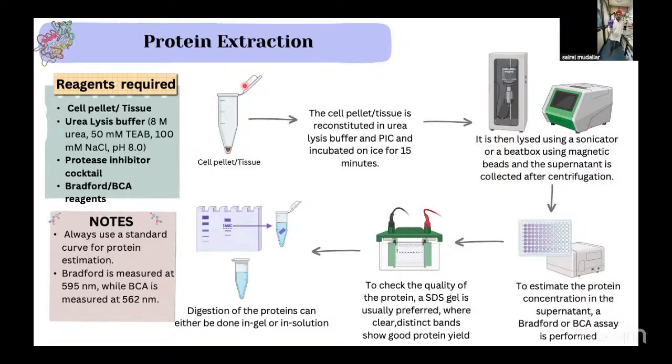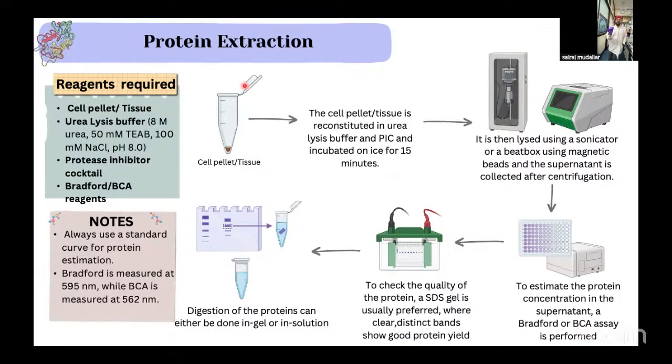Yeah, so this is the Eppendorf tube in which 50 microgram of the tissue sample has been taken, and in this 50 microgram of tissue sample, we have added the protease inhibitor cocktail. The role of the protease inhibitor cocktail is to inactivate the proteases, which would result in degradation.